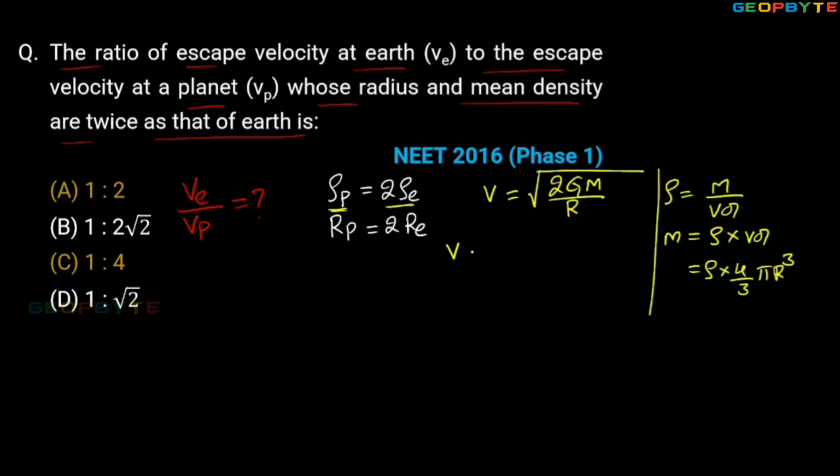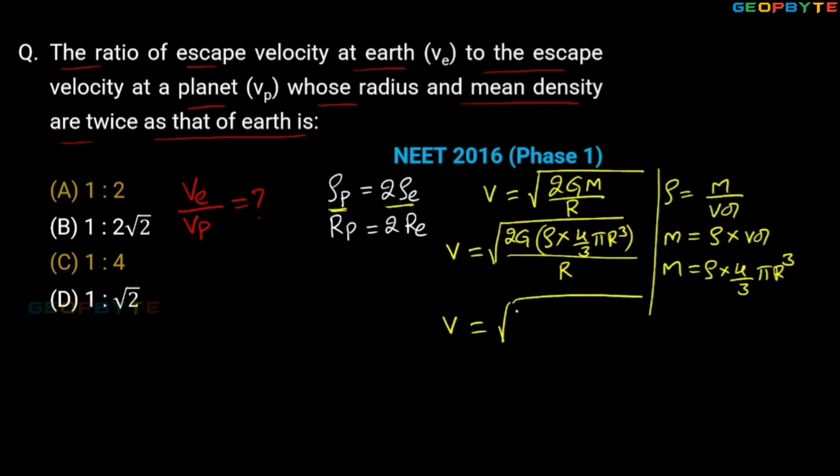Then the escape velocity equal to root over 2G, in the place of M, write that value, rho into 4 by 3 pi r cube, divided by r. It can be also written as v equal to root over 2 into 4 by 3 into pi into G into rho.